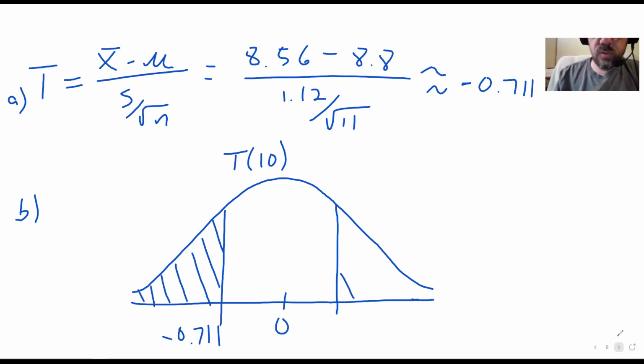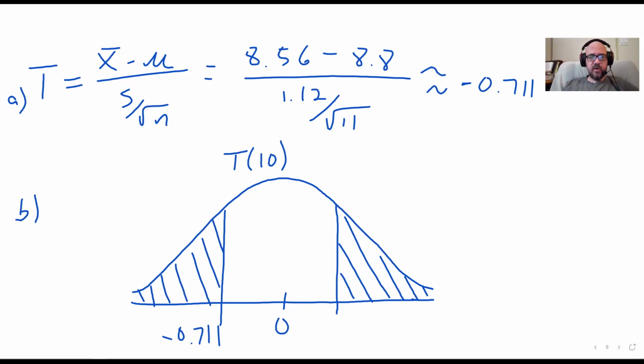And then we're going to use TCDF, which is just another CDF function in your calculator. Works pretty much like the other ones, very similar to normal CDF, except you don't specify the mean and standard deviation. You just tell it how many degrees of freedom instead. That's how you do it. So let's go to the calculator and do that.